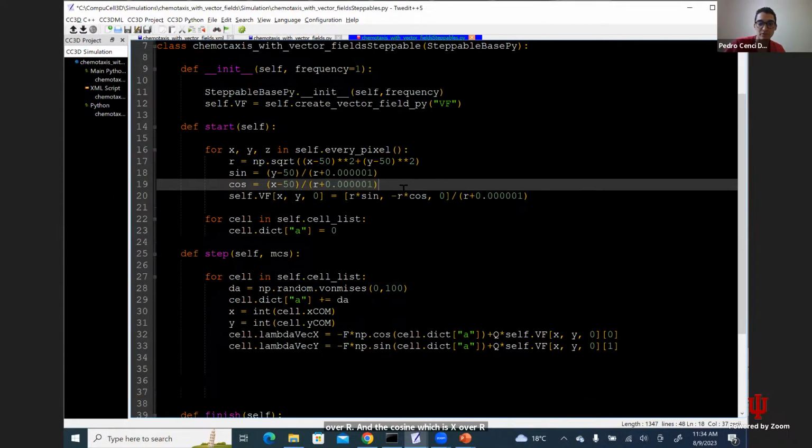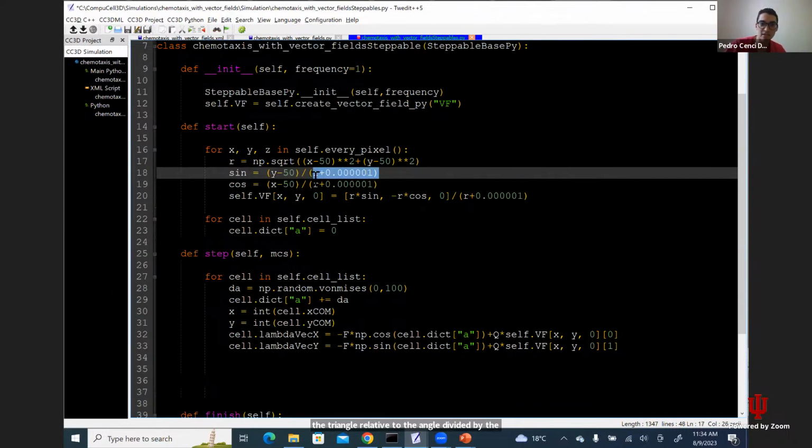So some basic geometry here. If you have a right triangle, the sine is the side opposite the angle, divided by the largest side of the triangle.